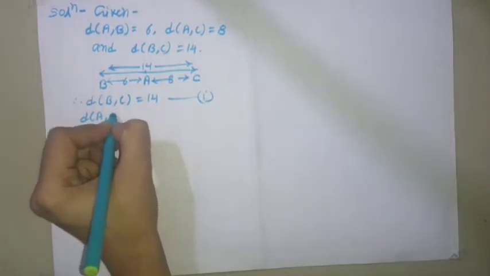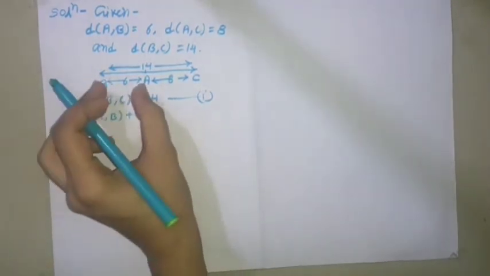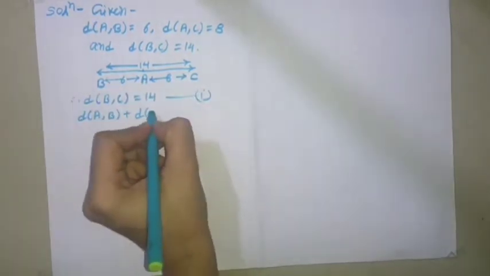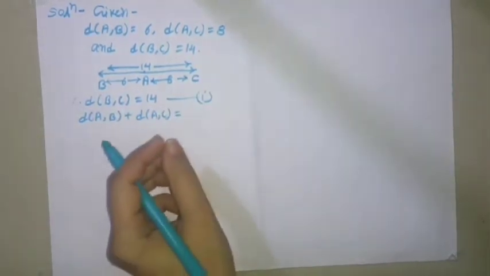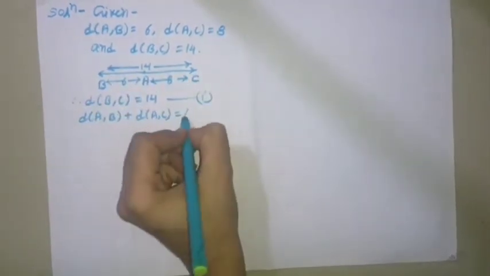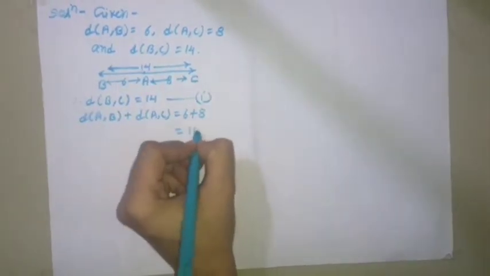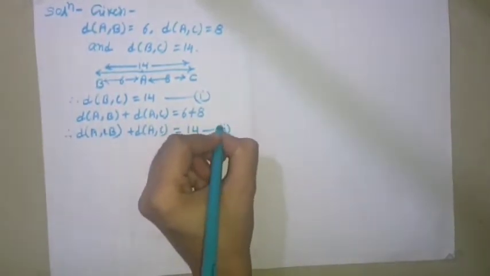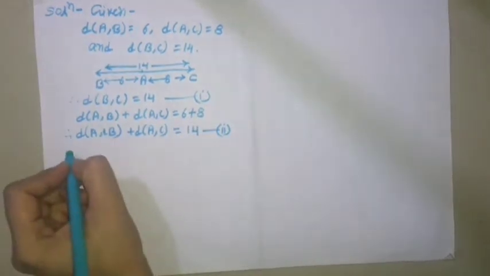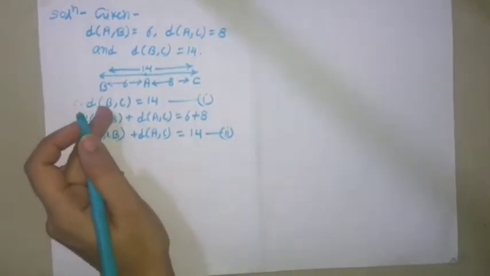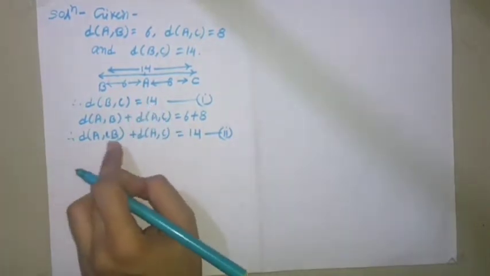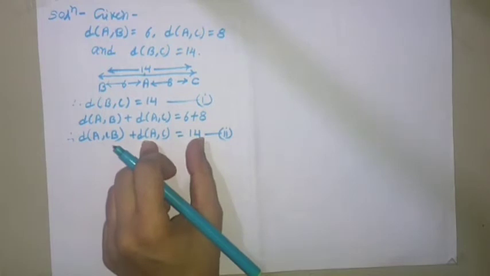Distance of AB plus distance of AC equal to 6 plus 8 equal to 14. Therefore, distance of AB plus distance of AC equal to 14. It is denoted by second equation. From equation first and second, distance of BC equal to 14 and distance of AB plus distance of AC equal to 14.